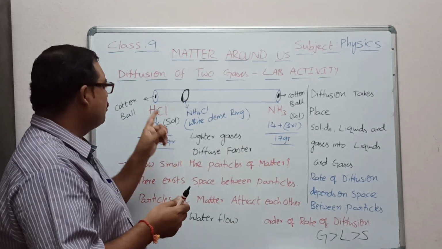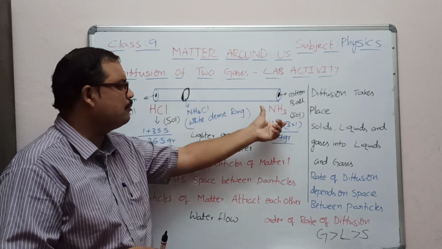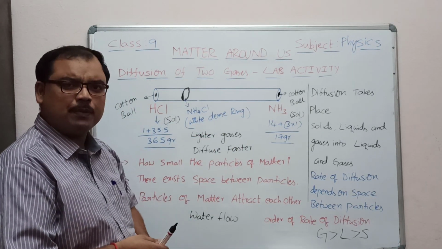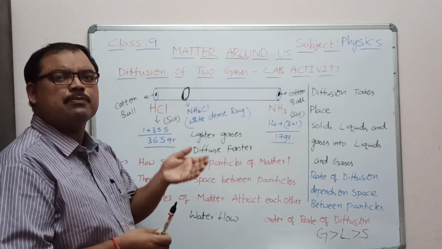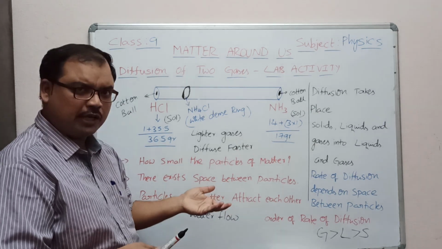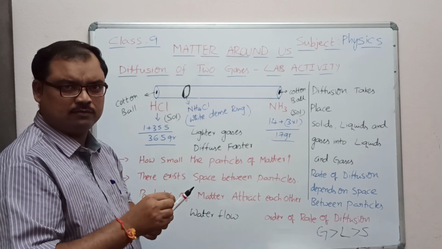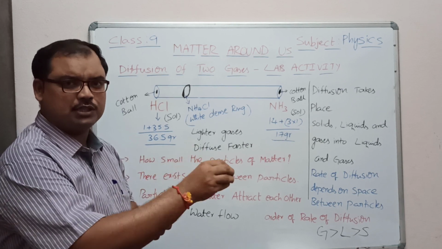Now we take two cotton balls and dip them in HCl solution and ammonia solution. How can we prepare their solutions? By diffusing these two gases into water, because we cannot dip cotton balls in the gases. It's needed to make solutions.